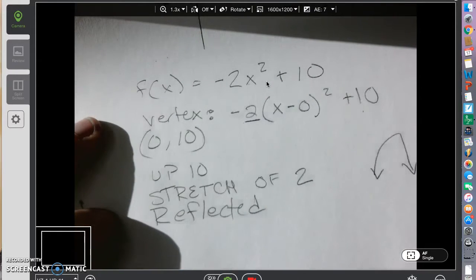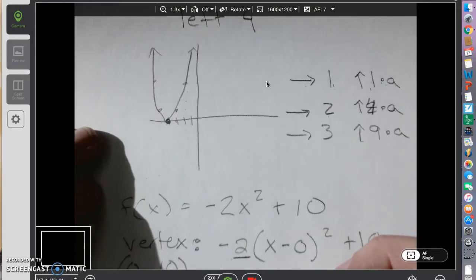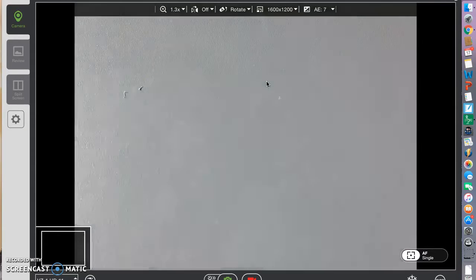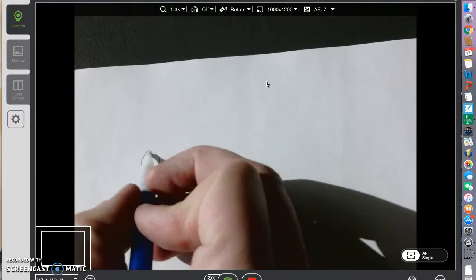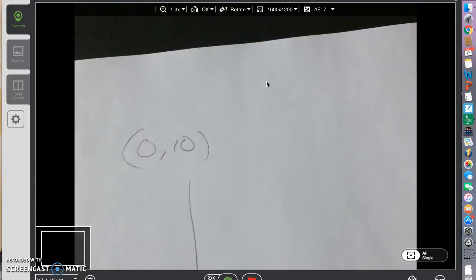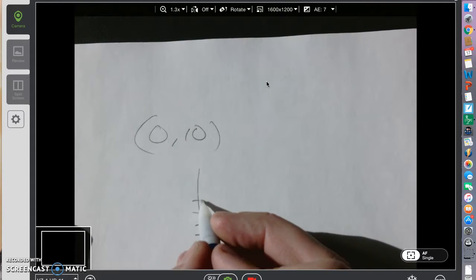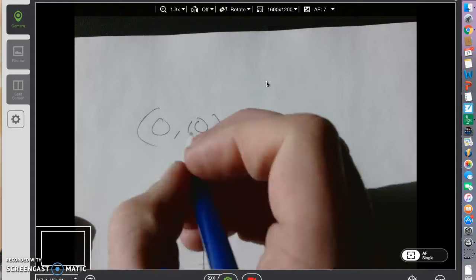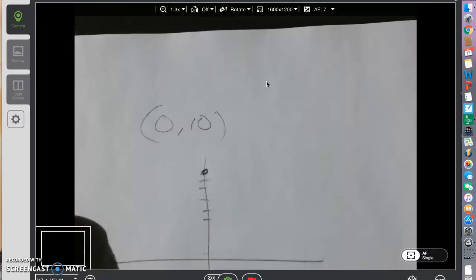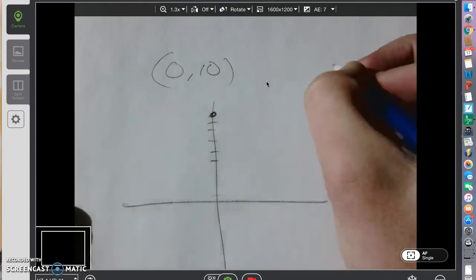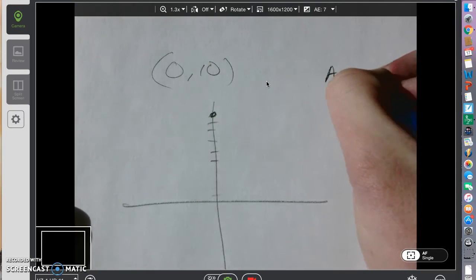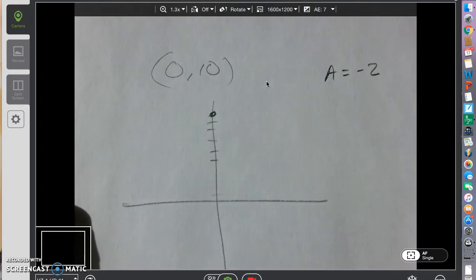Now to graph this, I plot my vertex, which is 0, 10. So I go 1, 2, 3, 4, 5, 6, 7, 8, 9, 10. Yeah, that's right. Now, my a value was negative 2, in front of the x squared.